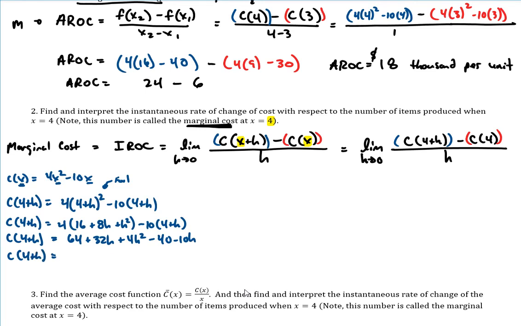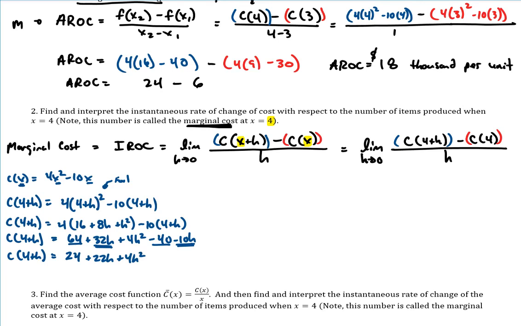So 64 minus 40 is 24. And then 32h minus 10h would be plus 22h. So there's those getting combined. And then we still have plus 4h squared. Okay, so that's all that first one.